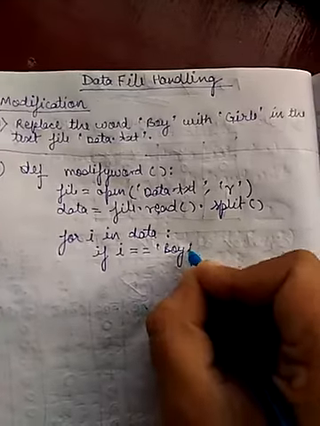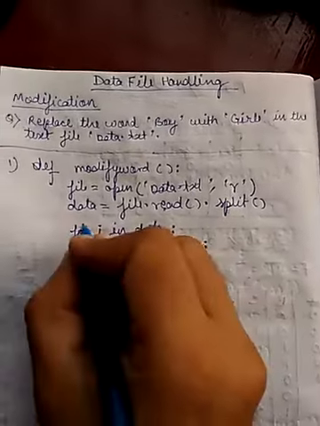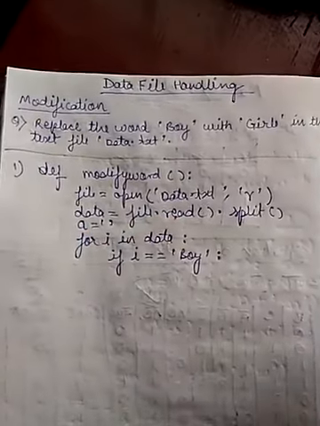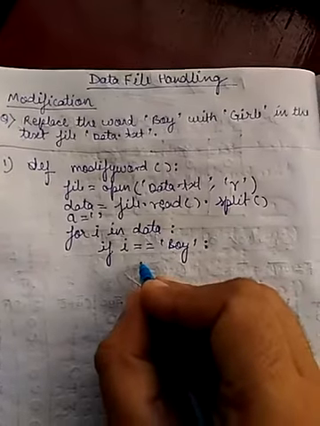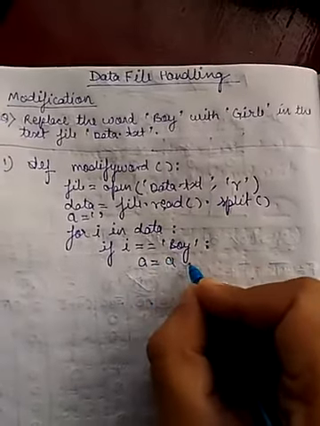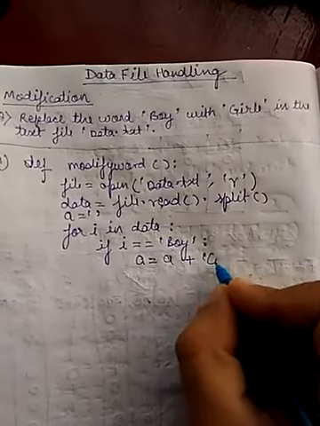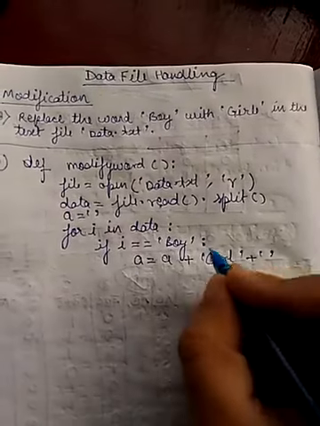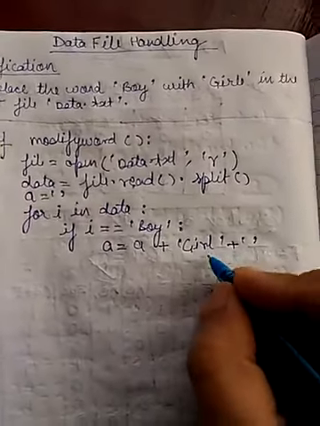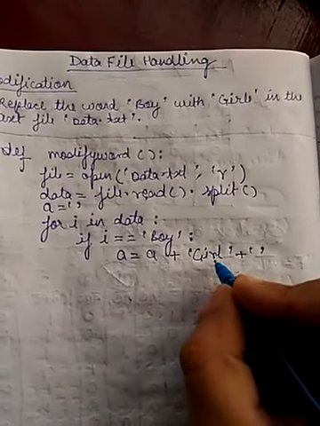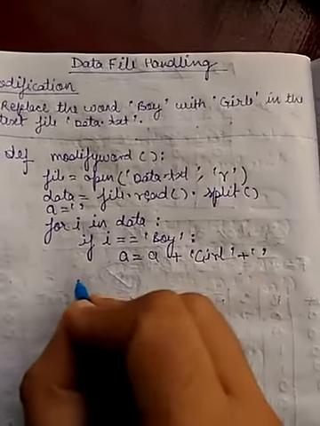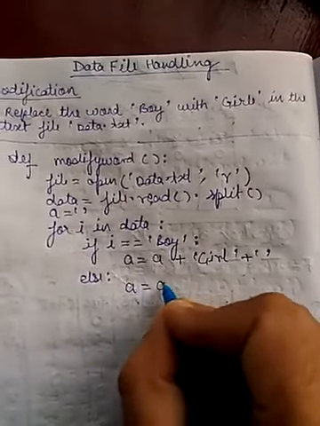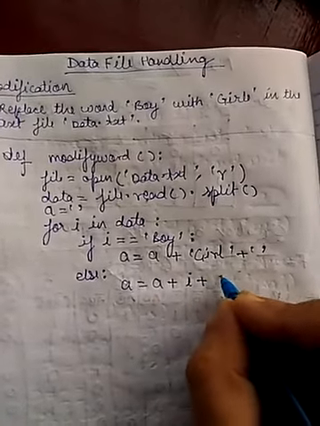If i is boy, then we have taken a blank string, let us say A. Here I have written A equal to A plus girl. It means as soon as the word boy occurs, instead of boy we have concatenated girl in the string. Now the rest of the words are to be written in the same format, that's why I am writing A equal to A plus i and after that a space.